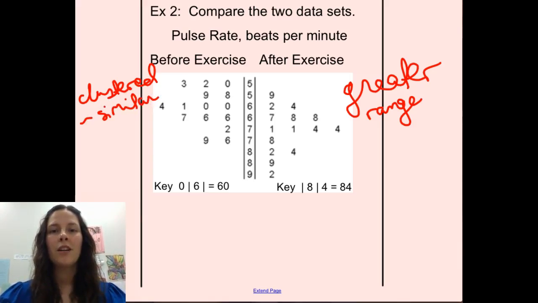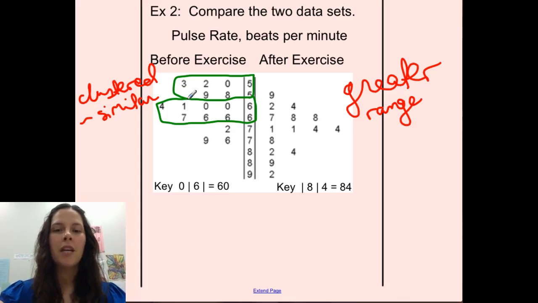We can also take a look at the majority interval for each side. Remember to combine both stems together when you're looking for the majority interval. So for 50s, on before exercise, we have 5 data values. For 60s, we have 7 data values. That ends up being the majority interval for before exercise in the 60s.